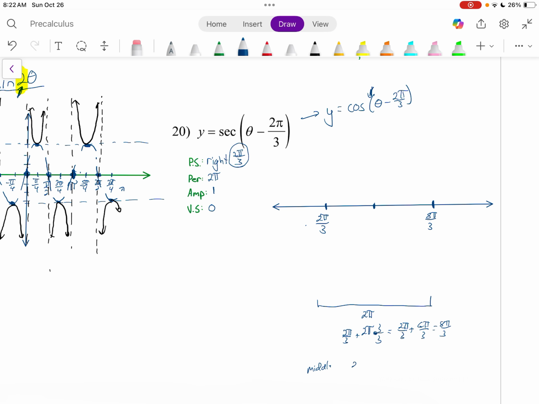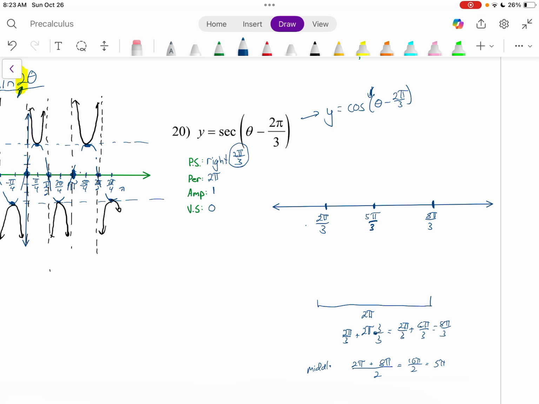It's going to be over 3. So 2 pi plus 8 pi over 2 is 10 pi over 2, which is 5 pi. So this is 5.